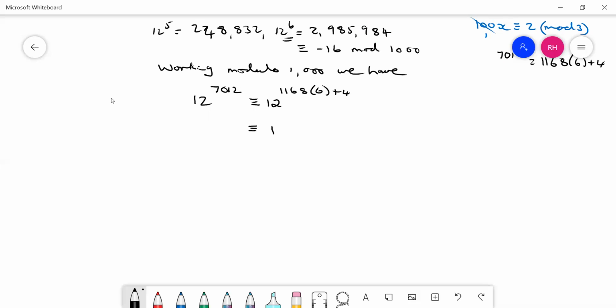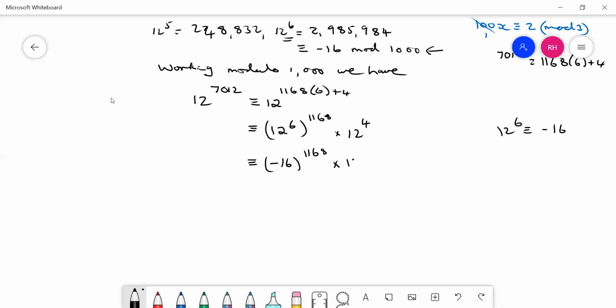I can make this 12 to the 6 all to the power of 1168, and then I'm going to break this plus into times 12 to the 4. And why have I done all this? Well, 12 to the 6 is just the same as negative 16, which we did up here. So I can now go negative 16 to the power of 1168 times 12 to the 4.